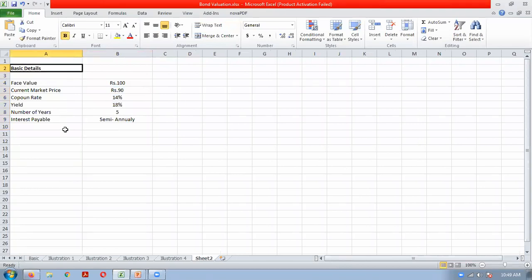Now we will go for the actual calculation. Calculation of intrinsic value of the debentures.